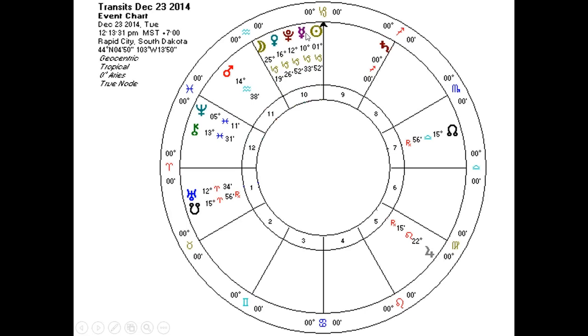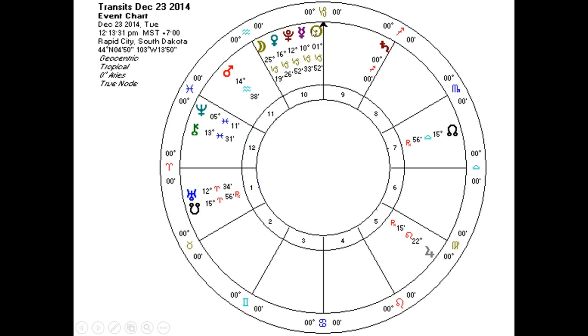I like to use this with forecasting because again, it simplifies what I'm looking at interpretation wise. Not to say that you can't cast this chart with potpourri houses wherever you are located in your own areas, and you'll all have that degree of the ascendant and all the house cusps changing.